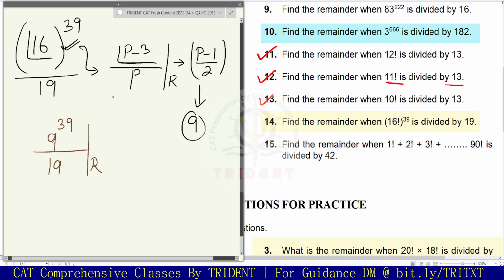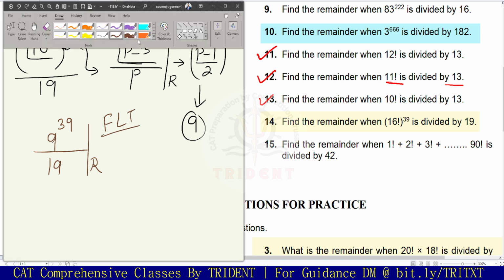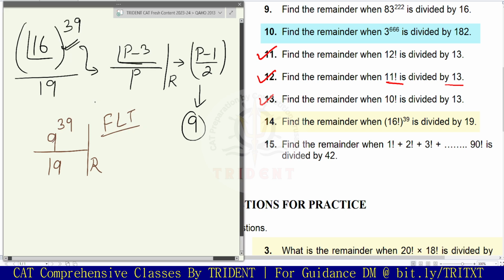Can you use Fermat's little theorem, or Euler's theorem or whatever, to predict the answer? And the answer to that is yes. 19 is a prime number, so the totient of 19 is going to be 18, and 18 twos are 36.